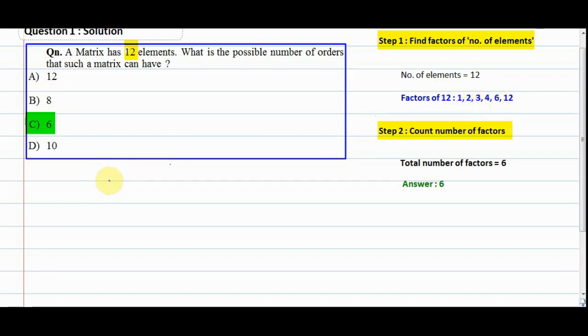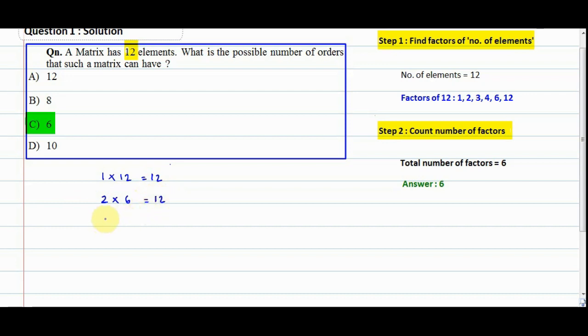That means the number of rows and number of columns will be any one of these 6. Say suppose if our number of rows is 1, then the number of columns must be 12 to get a count of 12 elements. Now if our number of rows is 2, then the number of columns must be 6 to get a count of 12 elements.